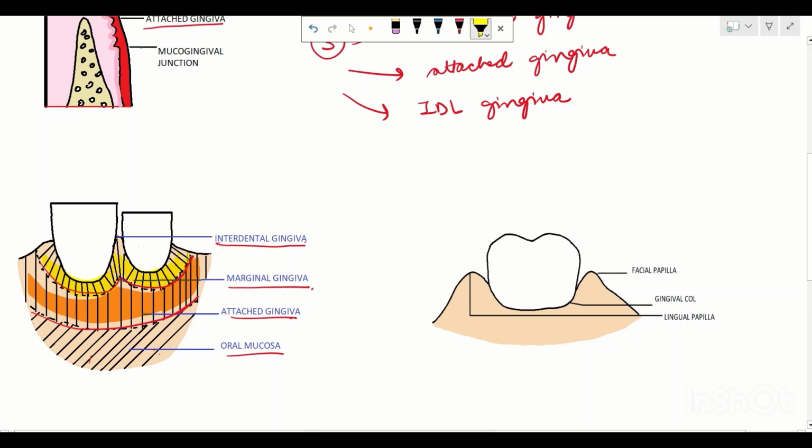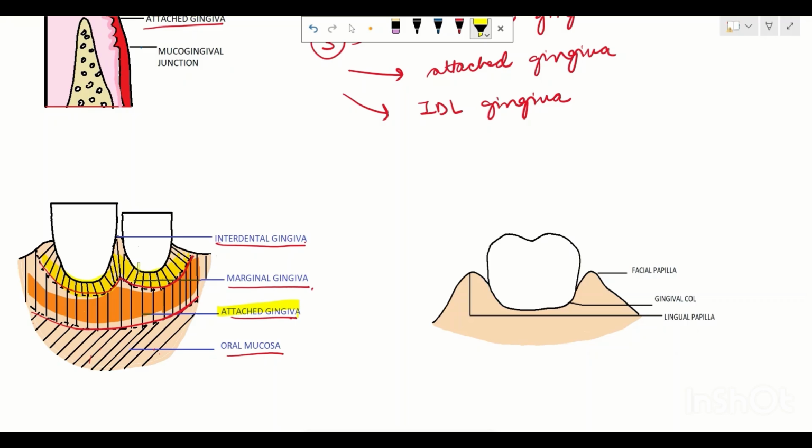This marginal gingiva is surrounding the neck of the tooth in a collar-like fashion. Continuing with the marginal gingiva is your attached gingiva, the one which I have marked with the orange marker. It is continuous with the marginal gingiva. It is firm and tightly bound to the underlying periosteum of the alveolar bone.